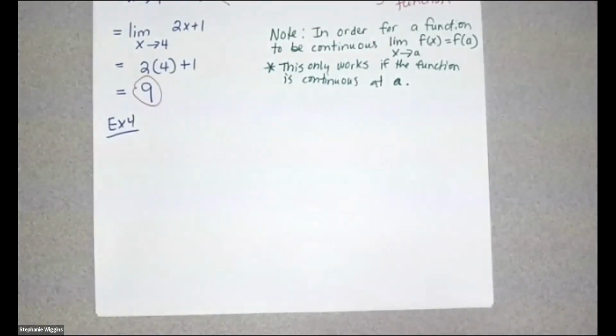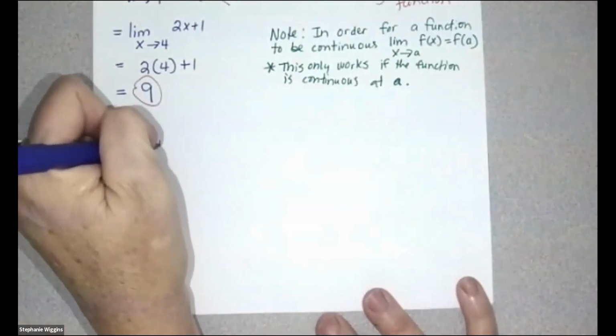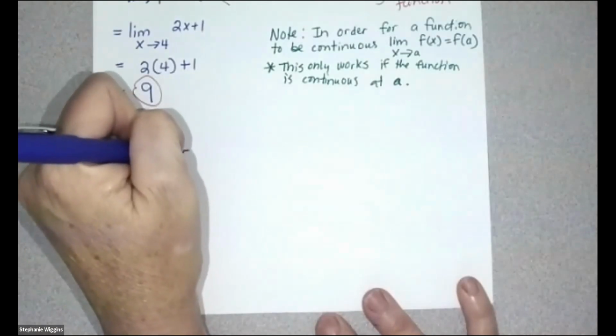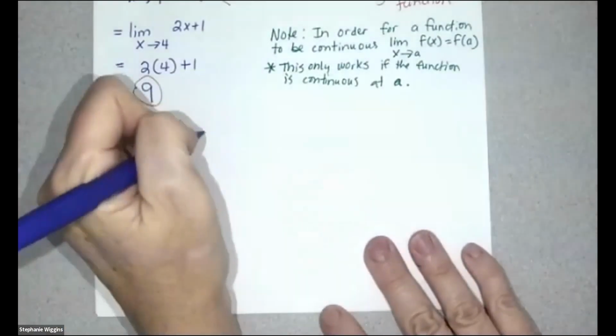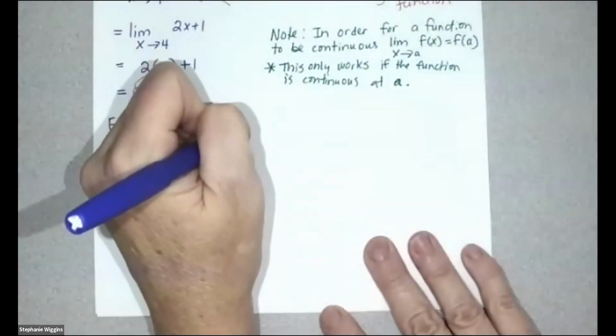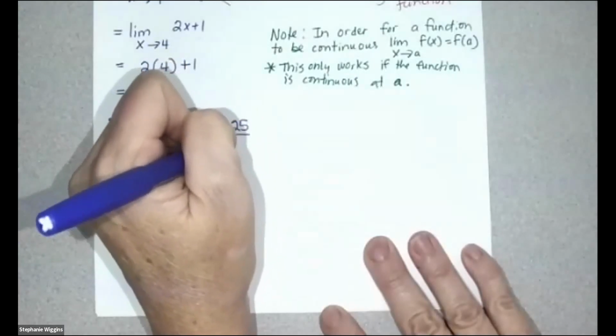Okay, example 4. We want to calculate the limit as x approaches 5 of x squared minus 25 over x minus 5.